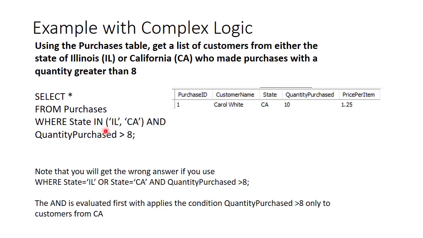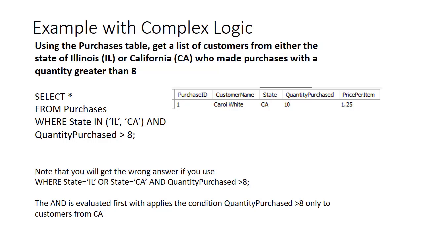So I always encourage you, if you're looking for a list of values, always use the in keyword, or if you're looking for something in a range, always try to use the between keyword. In this case, where state is in our list here of Illinois, California, and the quantity purchased is greater than 8. So we're getting one result here, Carol White, with a quantity purchased equal to 10.